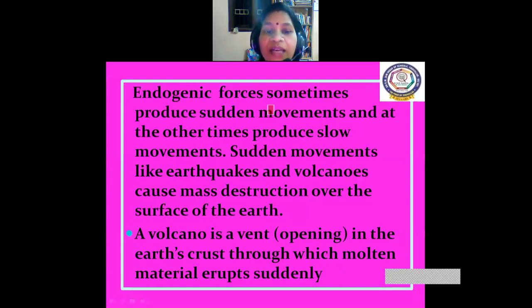Sudden movements like earthquakes and volcanoes cause mass destruction over the surface of the earth. A volcano is a vent, the opening of that volcano, in the earth's crust through which molten materials erupt. The molten material, the liquid fluid, will come out through the vent and erupt suddenly.